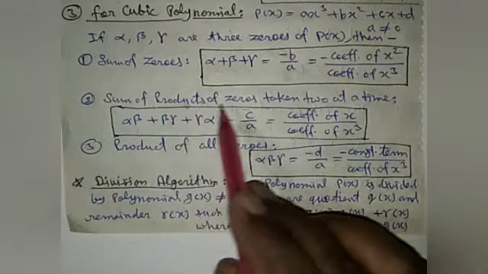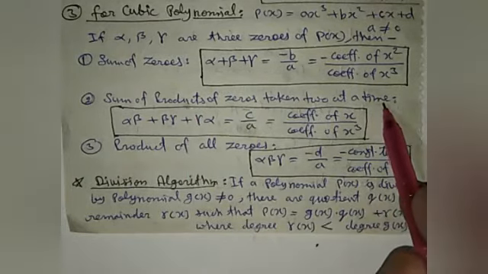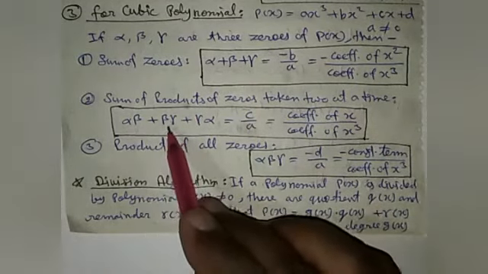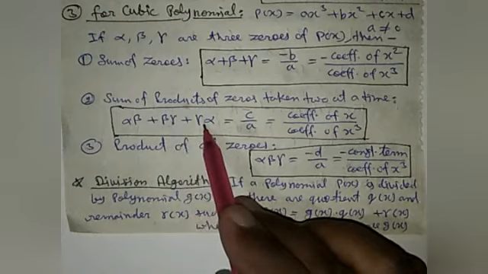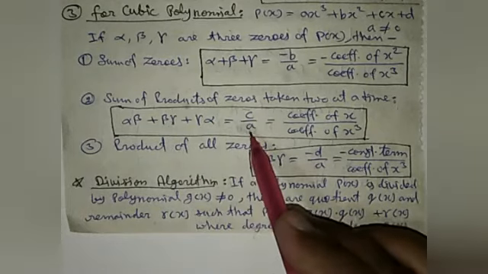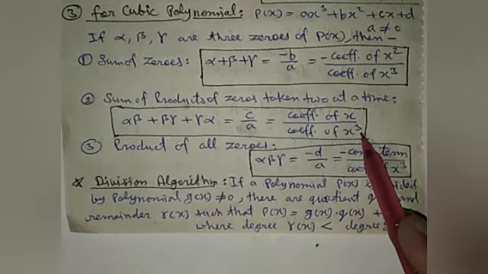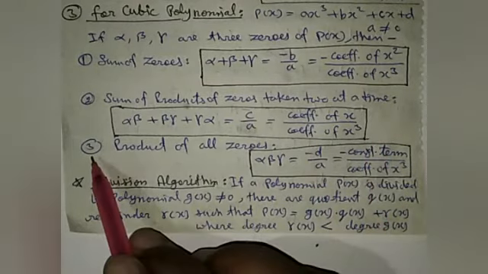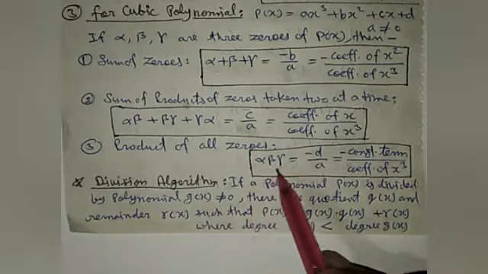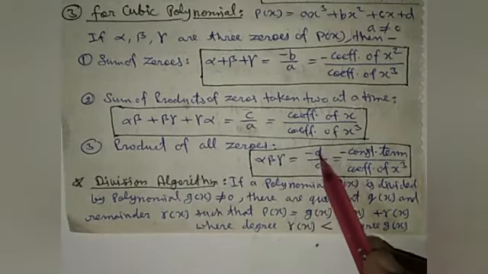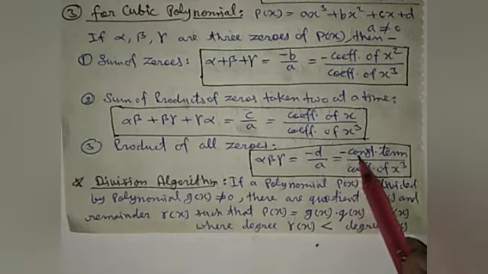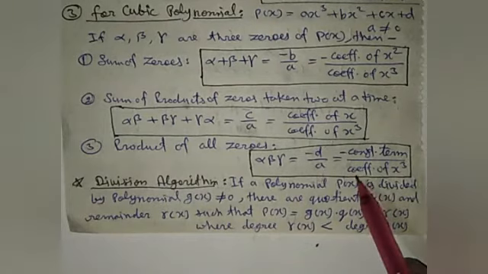And the sum of products of zeros taken two at a time, means alpha into beta plus beta into gamma plus gamma into alpha, is equal to c upon a, which is the coefficient of x divided by coefficient of x cube. Now the product of all zeros, alpha into beta into gamma, is equal to minus d upon a, which is equal to minus constant term divided by coefficient of x cube.